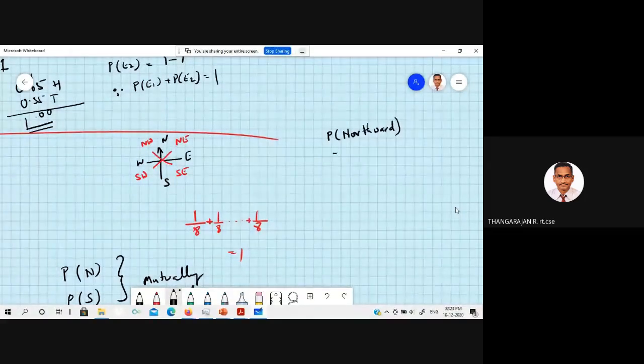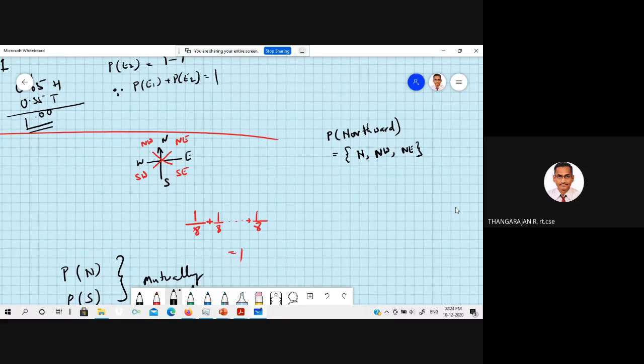Northward means the ant can move not exactly north, but northward: it can move north, or northwest, or northeast. So this is called northward. The ant can move a bit east or west also, but the main direction is north. So northward means north, northwest or northeast.